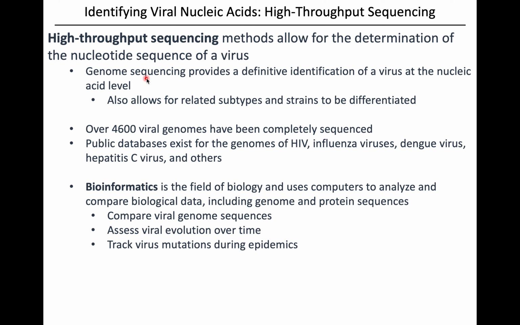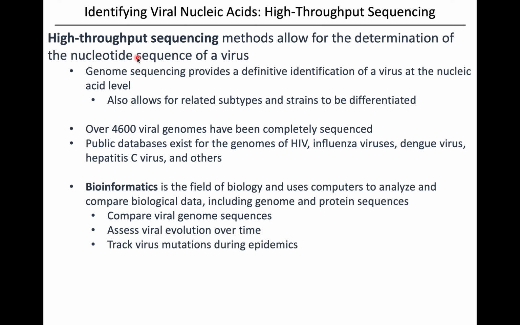And of course, another approach would be just to do DNA sequencing, right? Nucleic acid sequencing. And we have some very fast, what are called high throughput sequencing methods now, where you could sequence an entire viral genome in a matter of hours, in some cases, depending on the virus and the size of its genome.